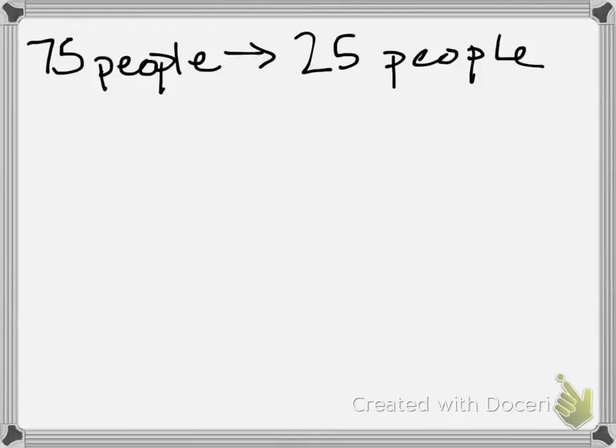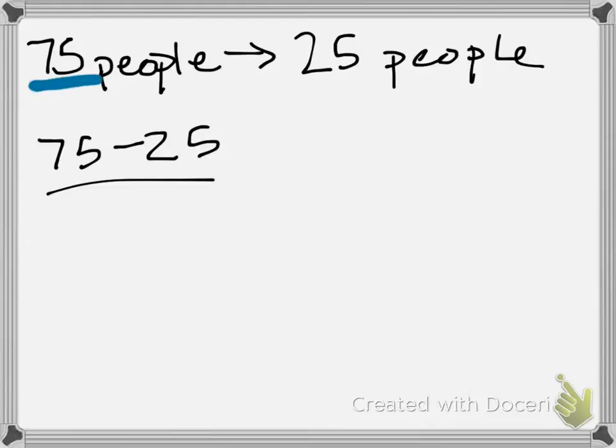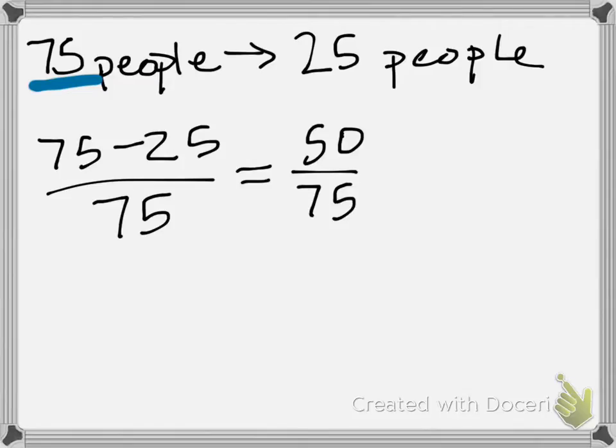Okay, so it'll be 75 minus 25 over the original amount, which this time, if you remember, is 75. Alright, so if we go 75 minus 25, that's 50. 50 over 75. Now if you do this on a calculator, you'll get 0.6 repeating. And that's the decimal format of our answer.